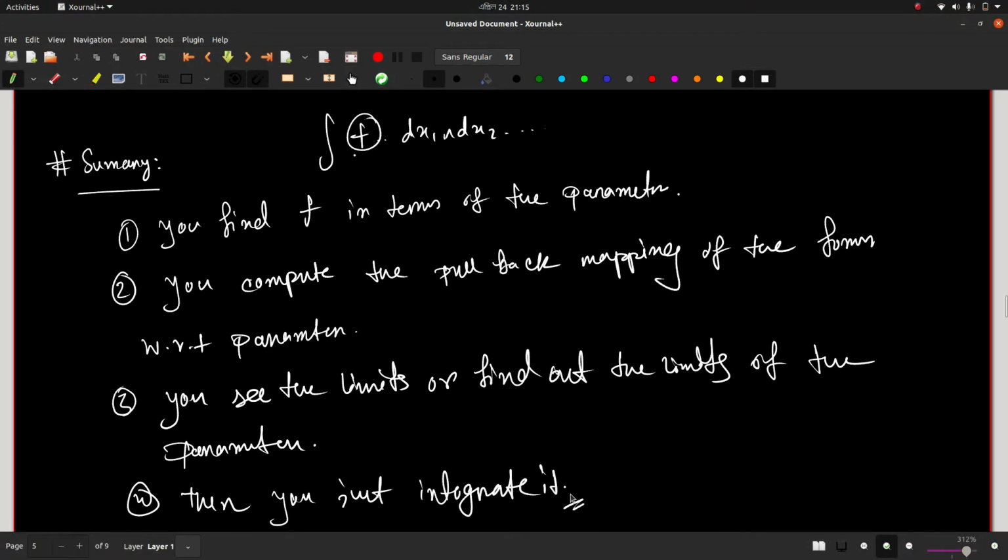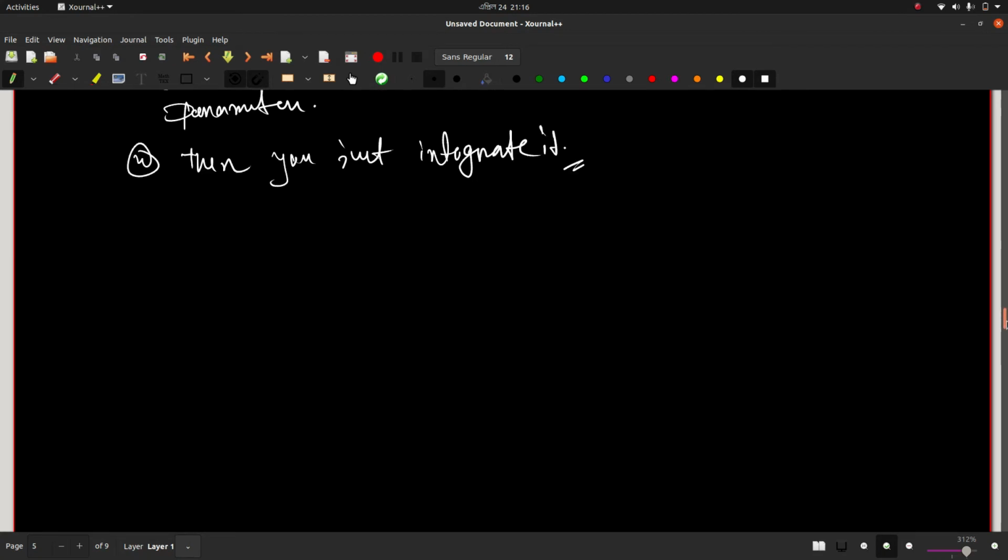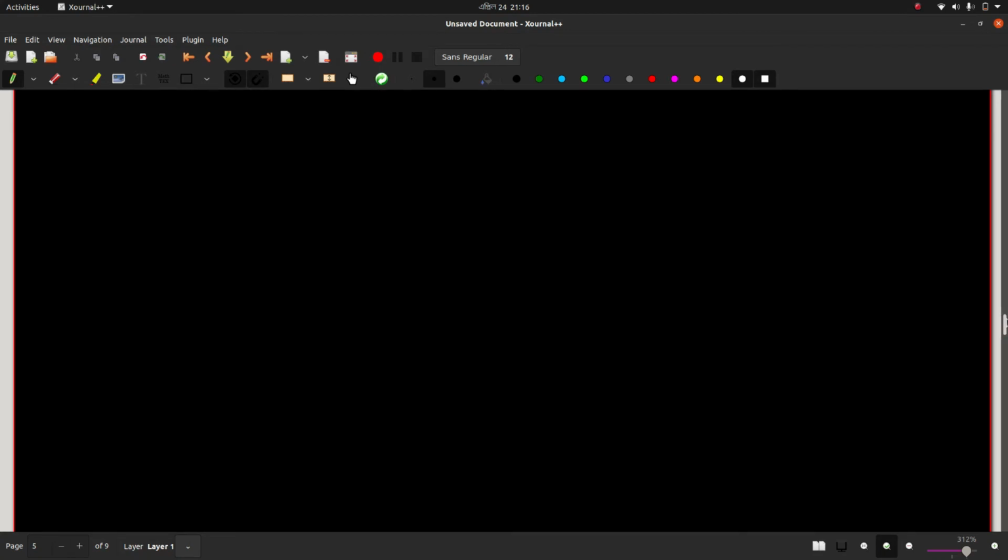And in fact, if you can define your whole problem using a single parameter, your n-dimensional problem can be reduced to just a one-dimensional problem, and so on. So let us end by seeing another example.